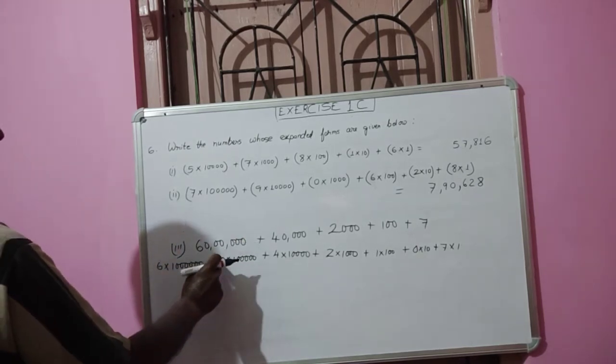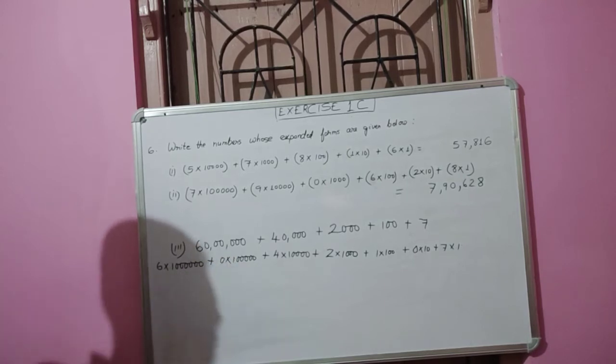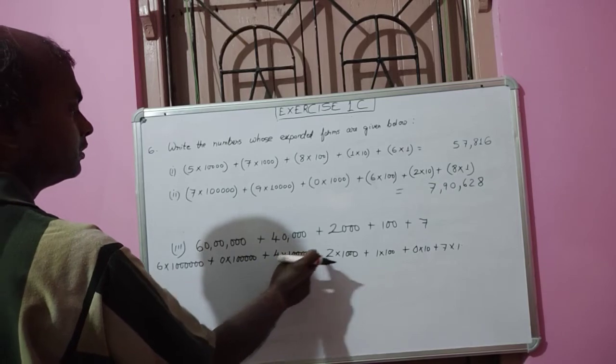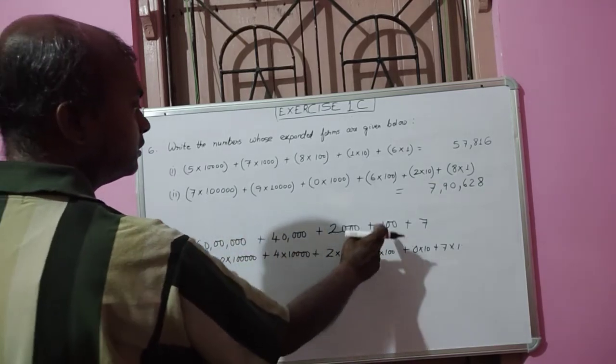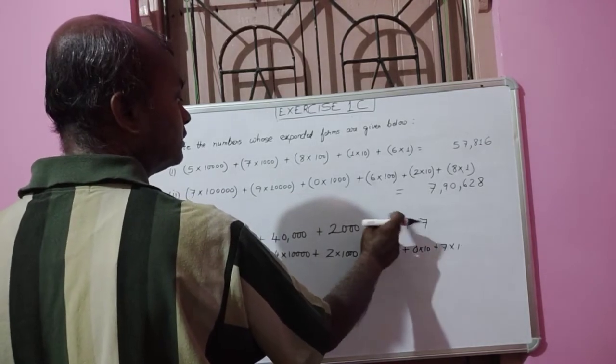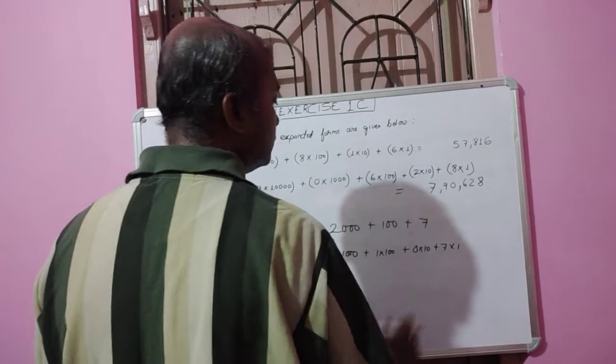Then in lakhs house, nothing is there, so I put 0. 0 is there in lakhs house. 4 is there in 10,000 house. 2 is there in thousands house. 1 is there in hundreds house. 0 is there in tens house, since no tens number is mentioned here. 7 is there in ones house.